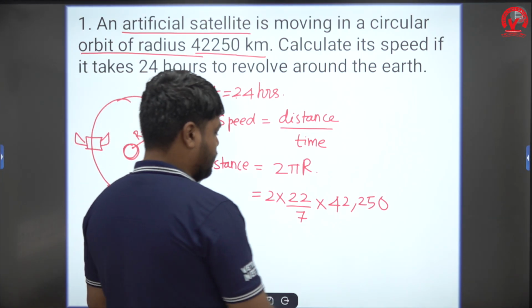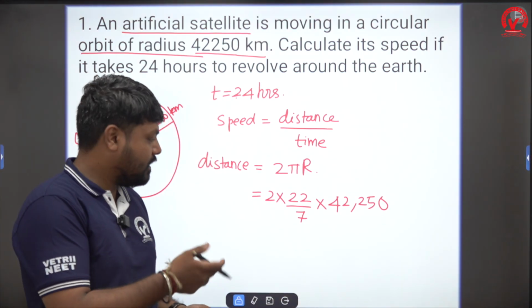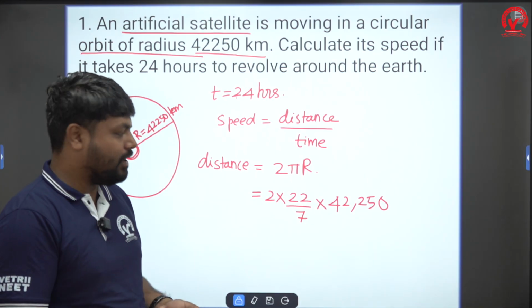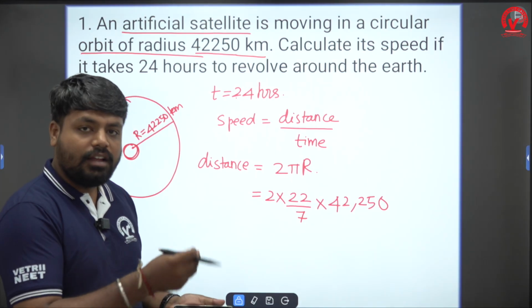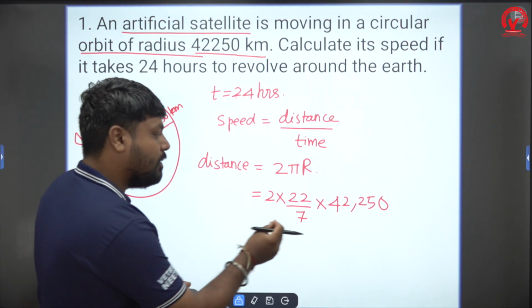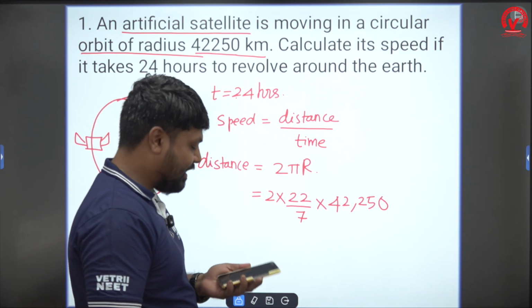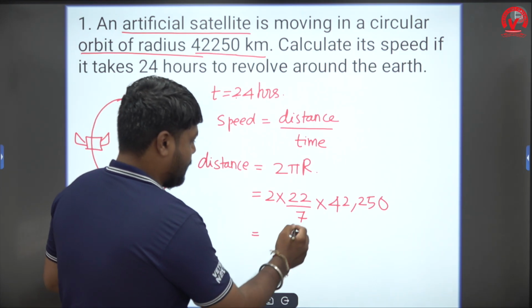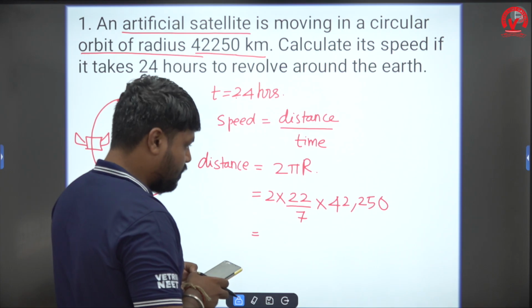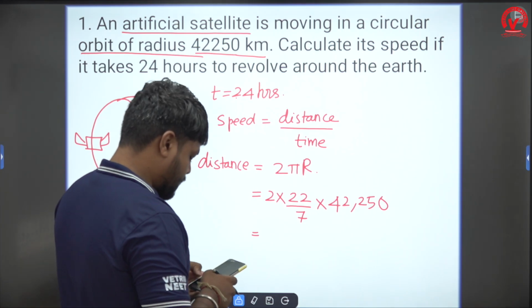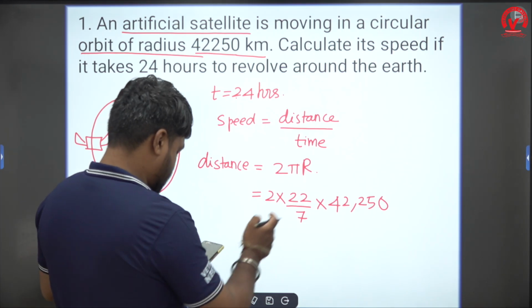Yes, students, we can continue further. See here, these are some big numbers, right? So I am using a calculator here. I am going to divide 42,250 by 7.